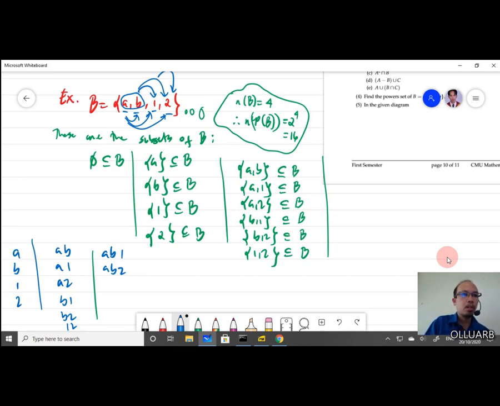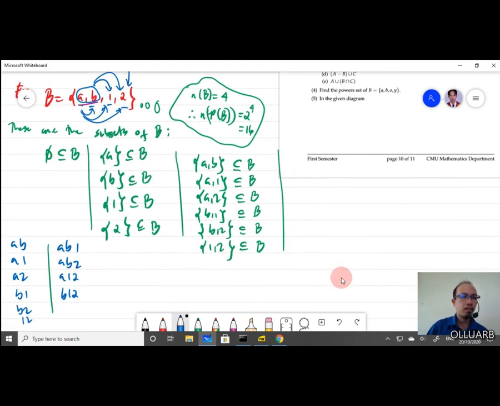So AB1, AB2, then A12, and then B12. So these are the subsets of B that contain three elements.